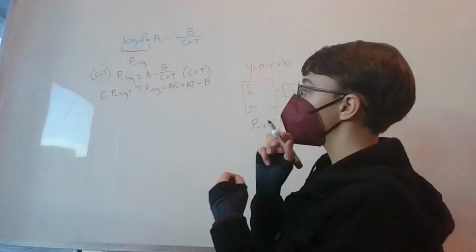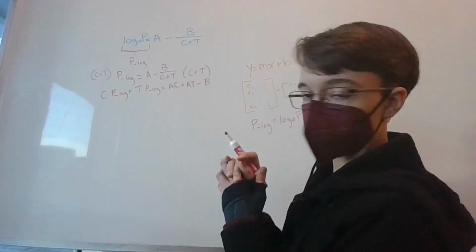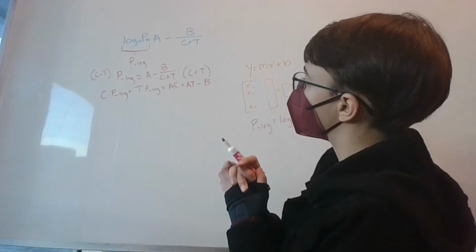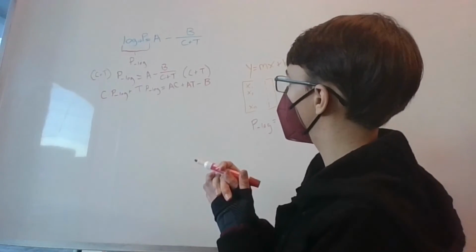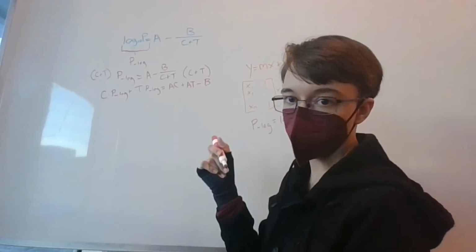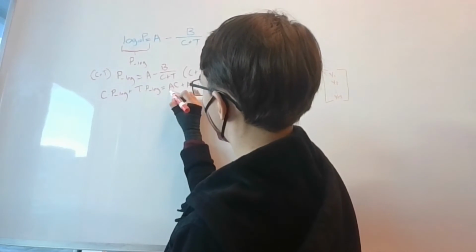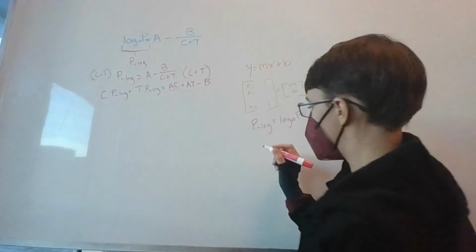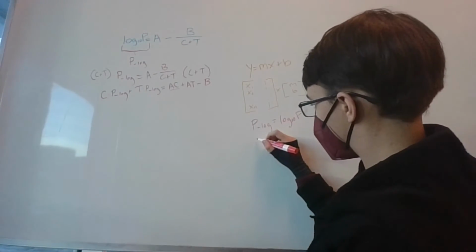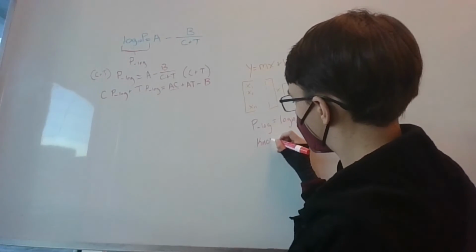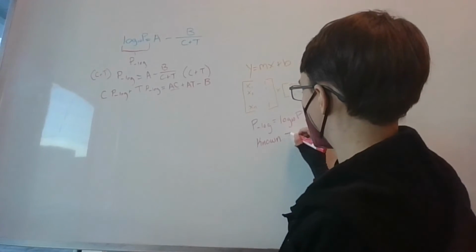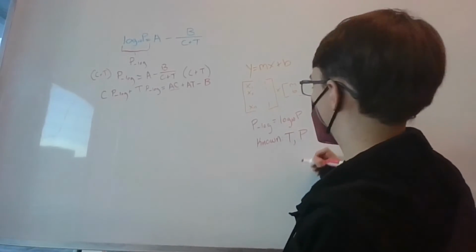Alright, so we're getting closer, but we're still not quite there. So we're going to want to get all of our unknowns on one side of the equation. So we can see this one has an unknown. Okay, we should write out what our unknowns and knowns are, just to make that clear. So our knowns are going to be the temperature and the pressure.